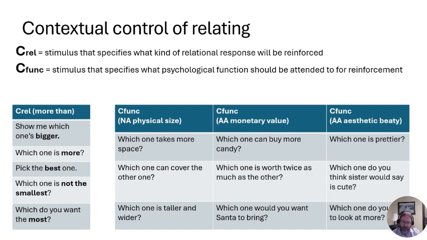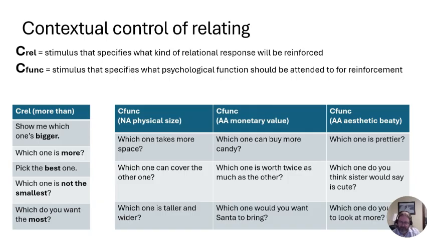And so when we're training that, we're going to ask questions like, which one is prettier? Which one do you think your sister would say is cute? Which one do you like to look at more? And we're trying to help them understand how to do this kind of relating of more than, less than, in different kinds of functional categories, physical size, monetary value.